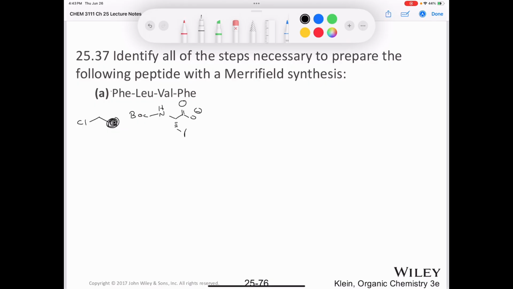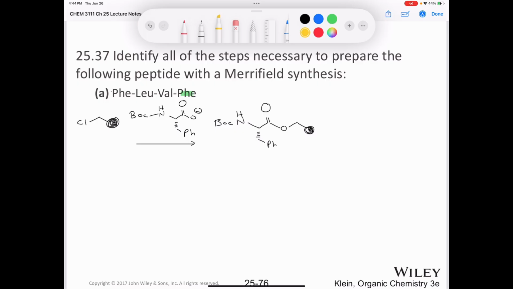So there's our phenylalanine. Okay, so that's just going to be our SN2 reaction. And then we're going to have our Boc-protected phenylalanine. So where's my phenyl group? There we go. And now it's going to be tethered to the polymer, just like that. So now we have the first phenylalanine done.